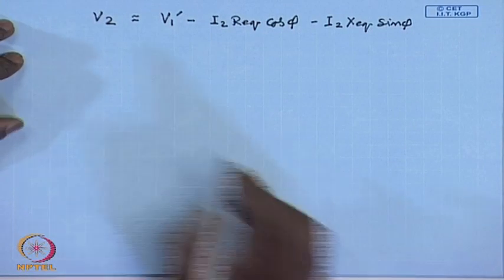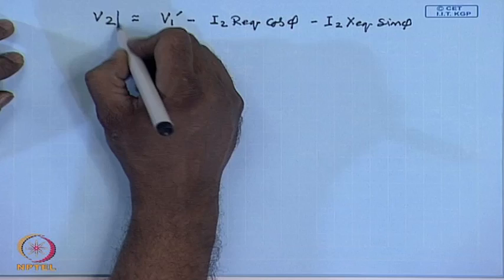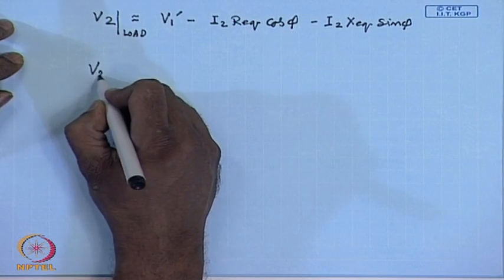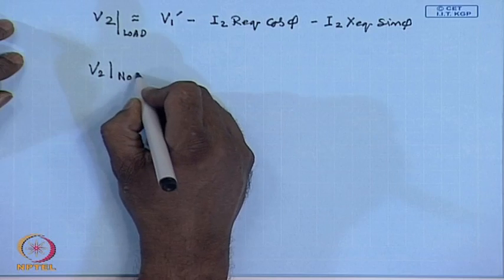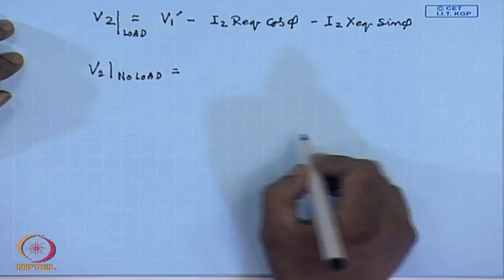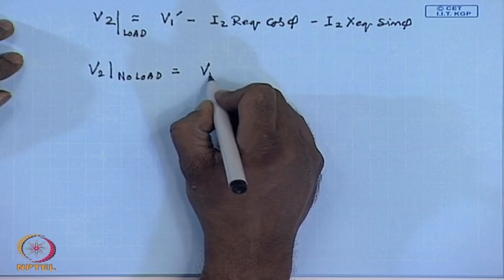Obviously, this is V2 at load, and V2 no load is obtained by putting I2 equal to 0 here. So, this is V1 dash.